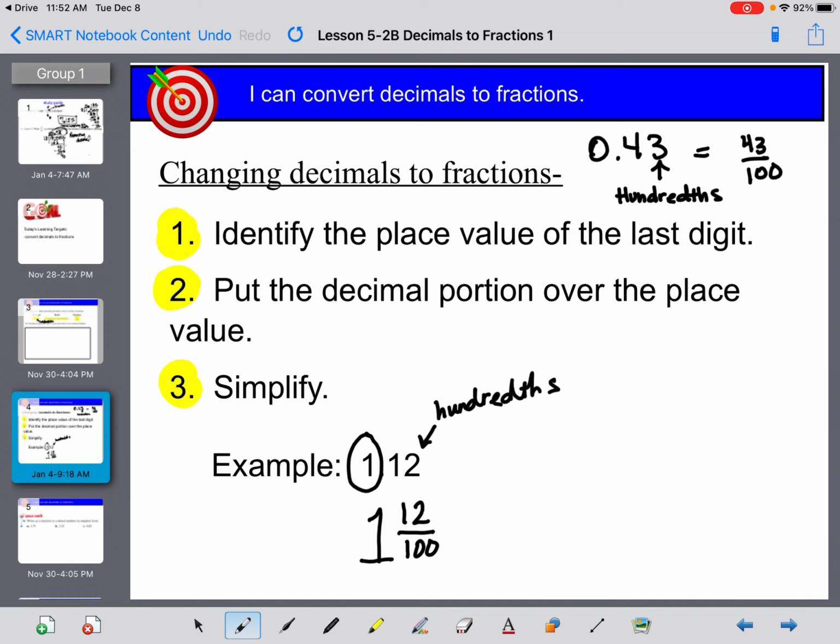Then I'm going to do step 3, simplify. 12 and 100 are both divisible by 4. Now I leave the 1 really big out in front. 12 divided by 4 is 3. 100 divided by 4 is 25. 1 3/25. Pause the video if you need more time.